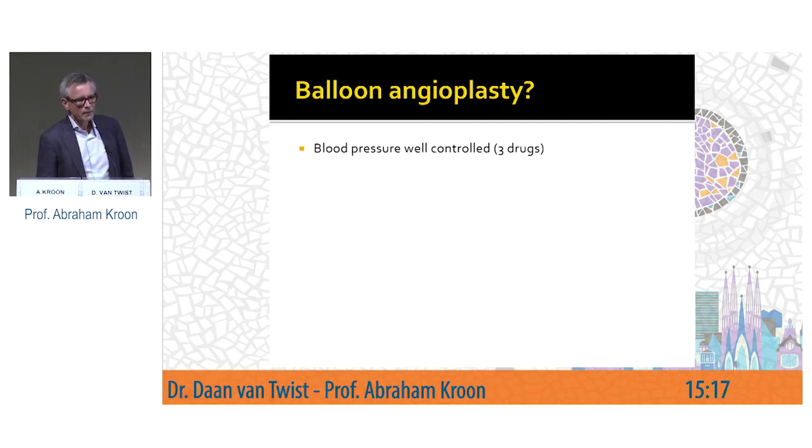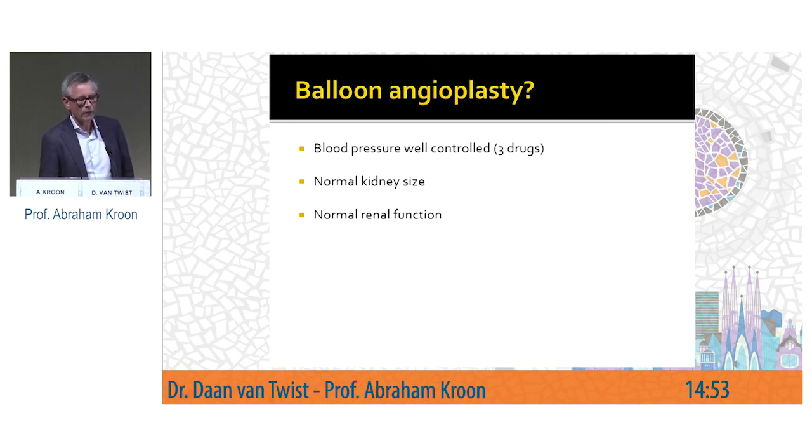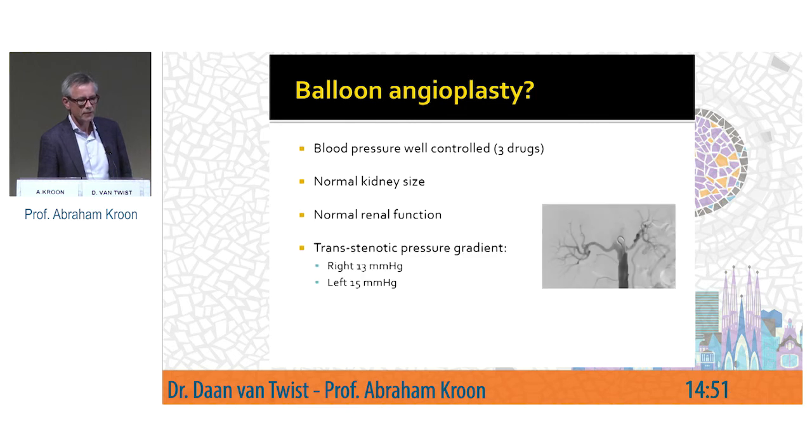Then, we had well-controlled blood pressure with 3 antihypertensive drugs. She had a blood pressure below 140. She had a normal kidney size, so no atrophic kidneys, especially on the left side. She had normal renal function with respect to GFR and estimated or calculated creatinine clearance.